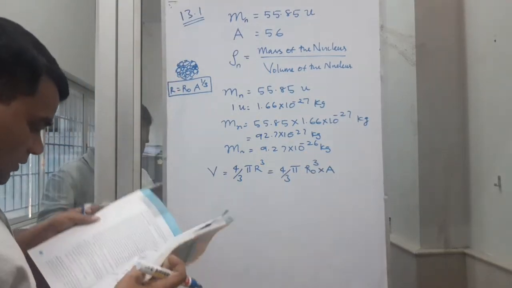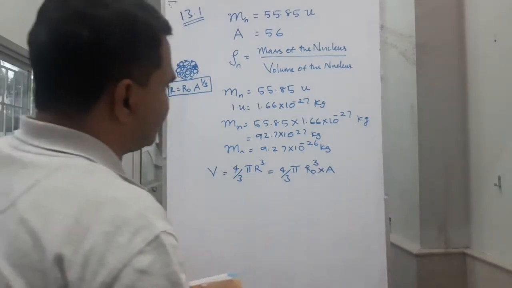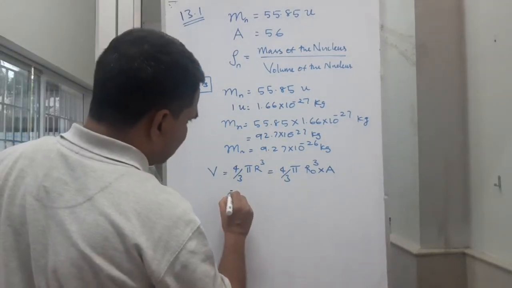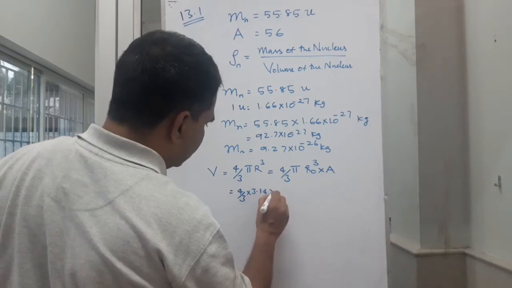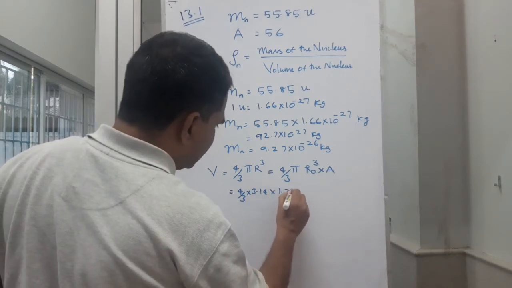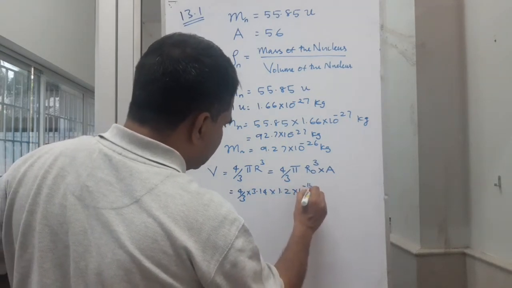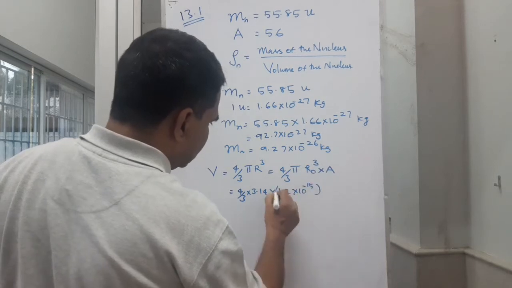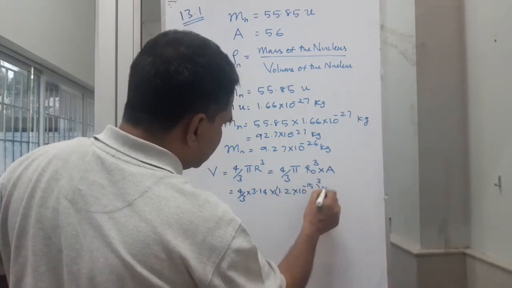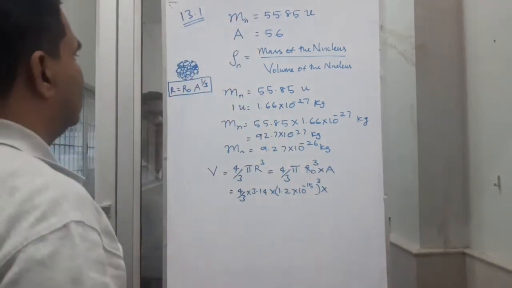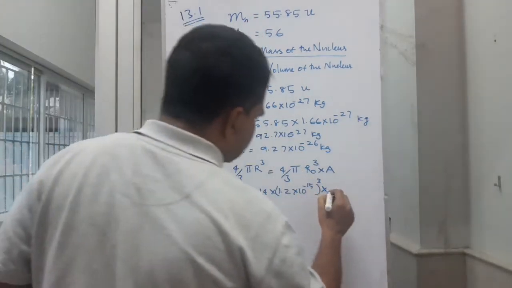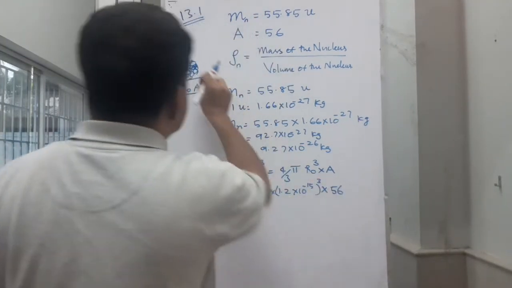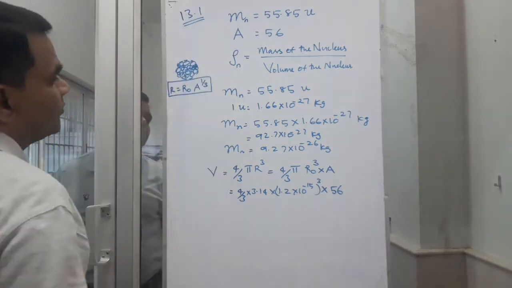You say that r naught is 1.2 into 10 to the minus 15 meters, right? So this is going to be equal to 4 by 3 into 3.14 into 1.2 into 10 to the power minus 15 meters, cubed, into A, which is the mass number. So the mass number is 56. So there are 56 of these things there.